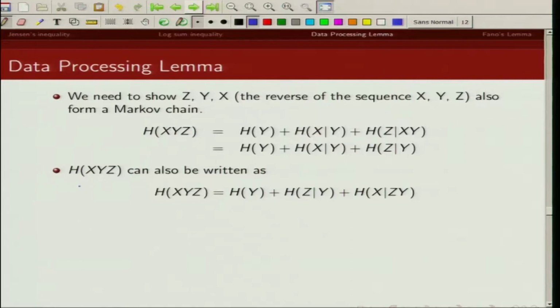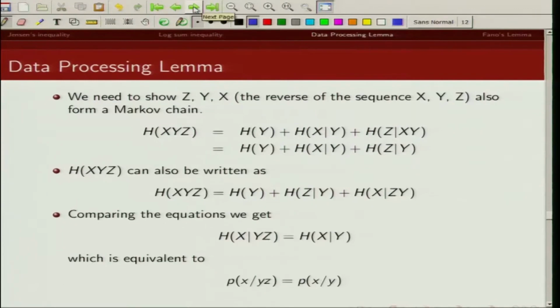Now we are writing this joint entropy again using the chain rule in a different way. So I can write the same thing as h of y plus h of z given y plus h of x given z y.